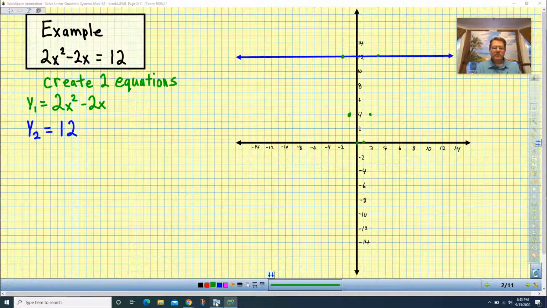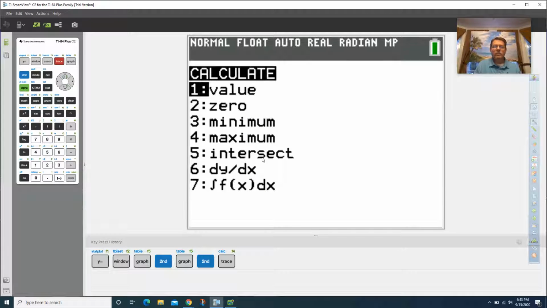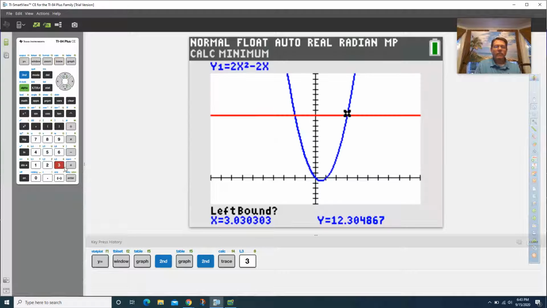So let's go back over here and see what that vertex would be. So hit second, calc, and it is a minimum, so it's a 3. So let's go to the left of my vertex, because that's what it says, left bound. All right, so now I hit enter because it's to the left of it.